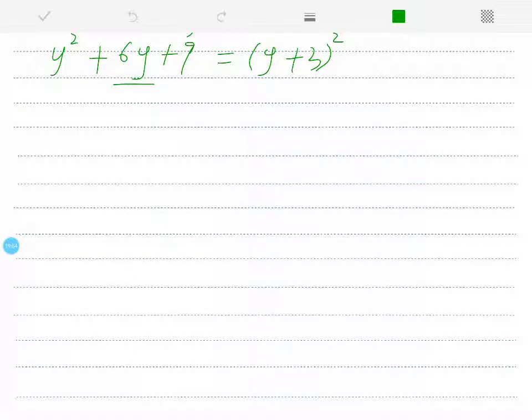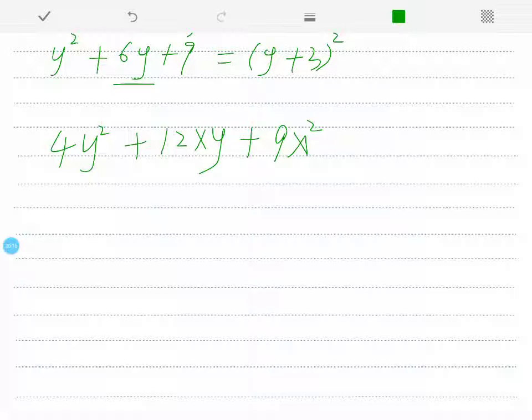Next, we'll give an example which is a little bit different. Right, 4y squared plus, I'll give you the last term first, 9x squared. The middle term is 12xy.